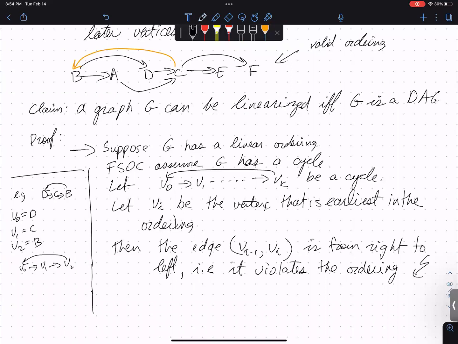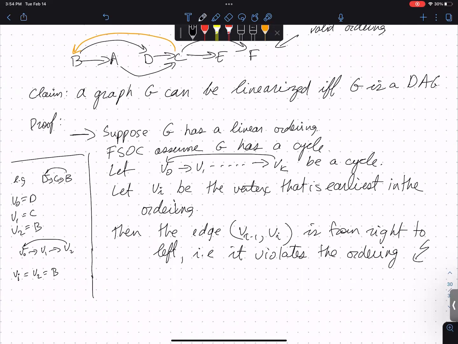It's B, so V2. Vi equals V2 equals B in this example. So what is Vi minus 1?